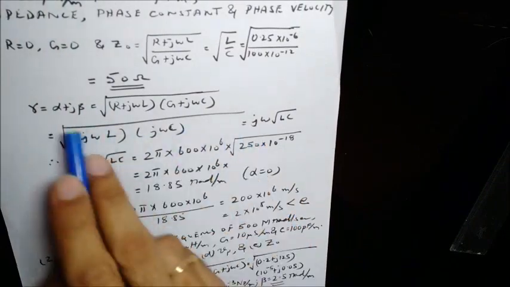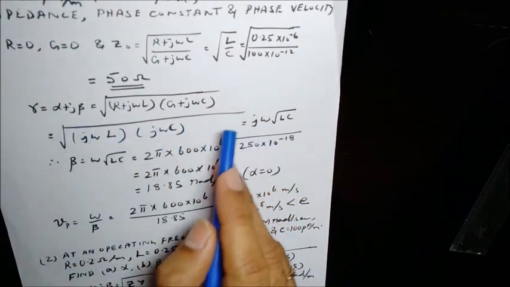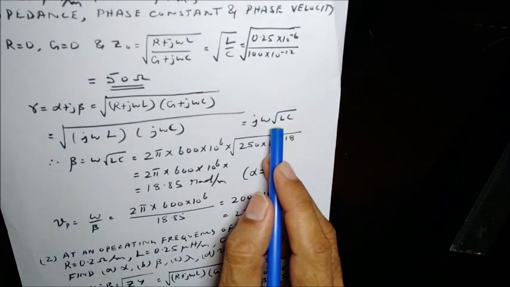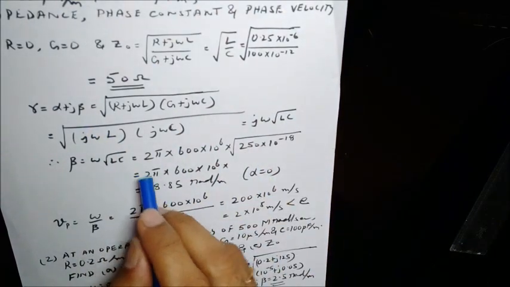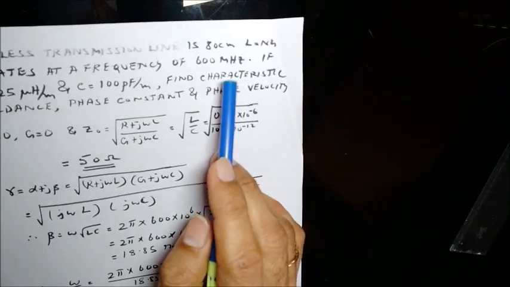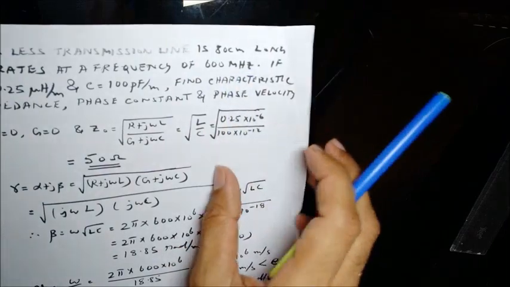So we can directly compare the real and imaginary parts here and arrive at the relation that beta is equal to ω root LC. Omega is 2π into the frequency, which is given in the data as 600 megahertz.